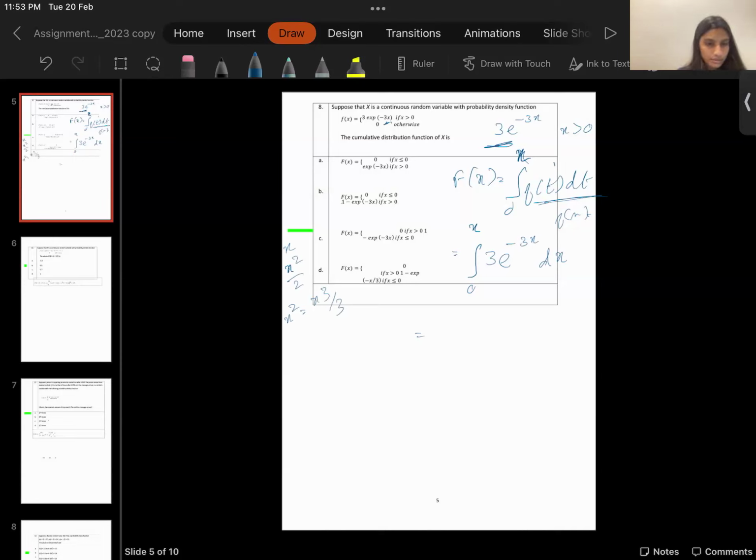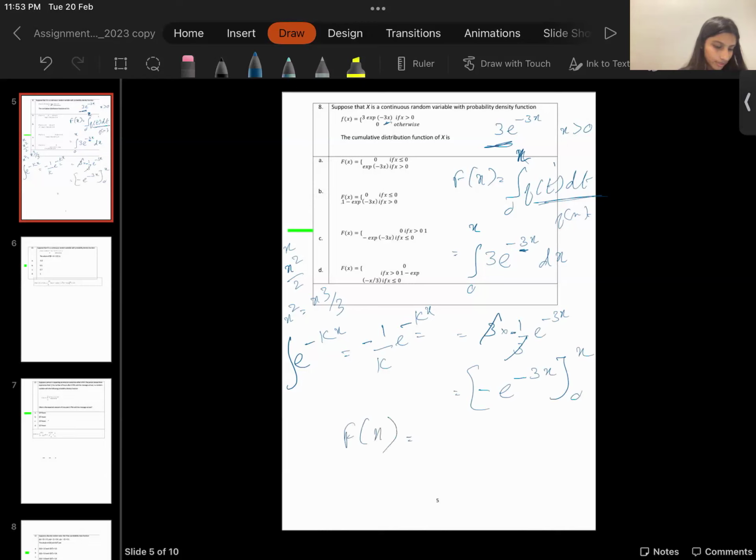And similarly, if you want to integrate e power minus kx, the integral becomes minus 1 by k times e power minus kx. So here you have 3 into minus 1 by 3 into e power minus 3x. So this one just becomes minus e power minus 3x, from 0 to x.